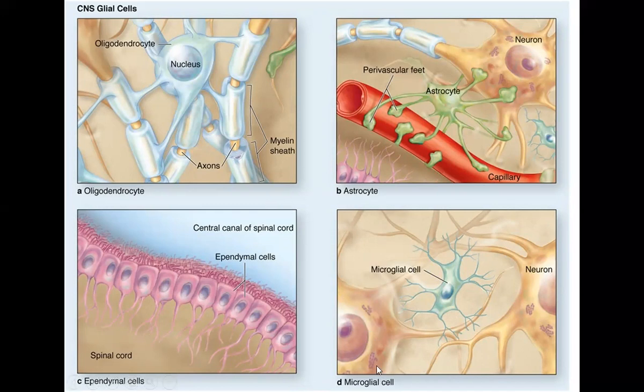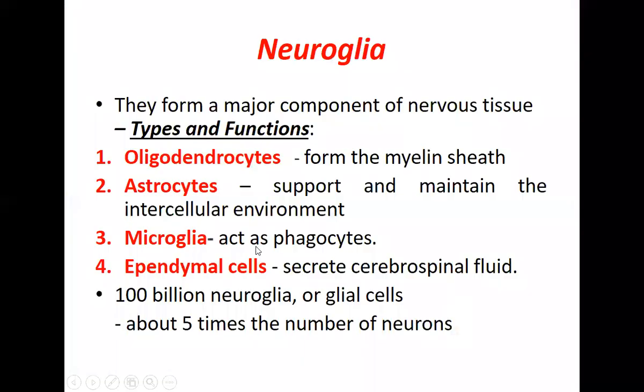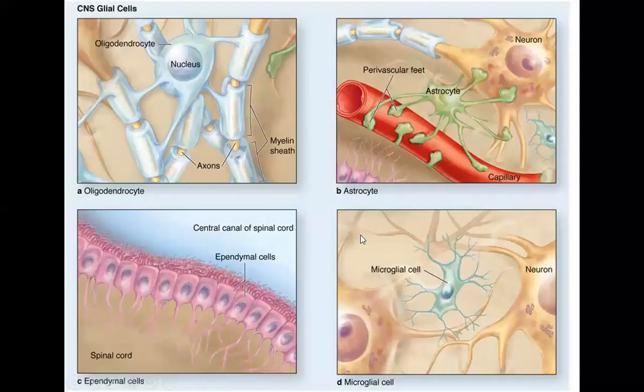The third type of cell is the microglial cells. These are very small cells. What is the function of these microglia? They help in phagocytosis, eating up foreign bacteria, viruses, anything. These are the cell bodies of the neurons, and these are the processes. Here you can see a microglial cell.